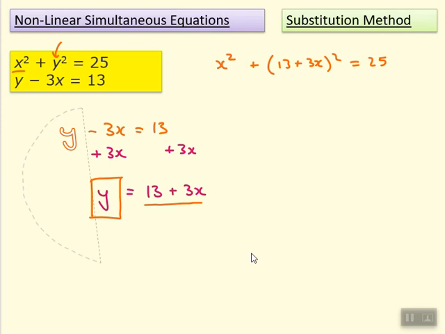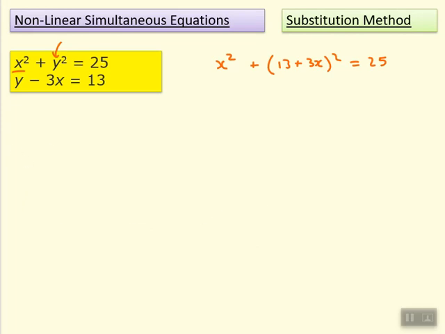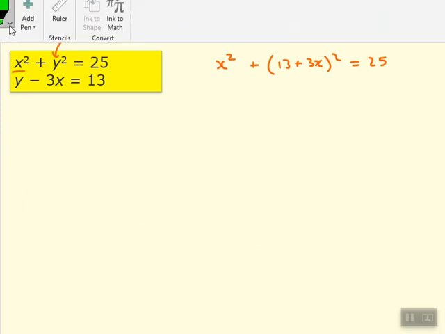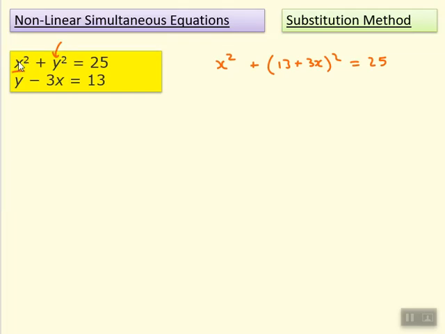Now, just to explain why we're doing this, this equation at the moment, on its own, cannot really be solved. I mean, you can guess, for example, but guessing is only going to give us half the picture. That really can't be solved on its own.